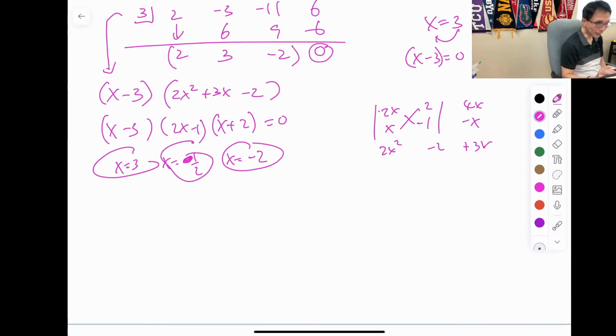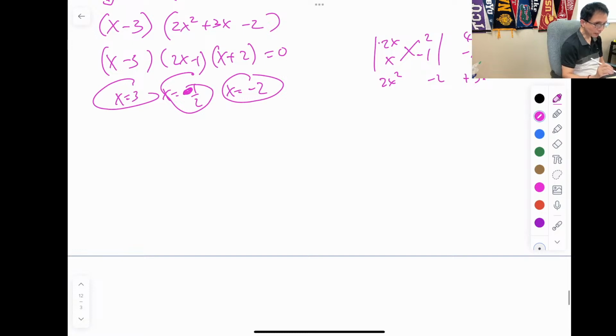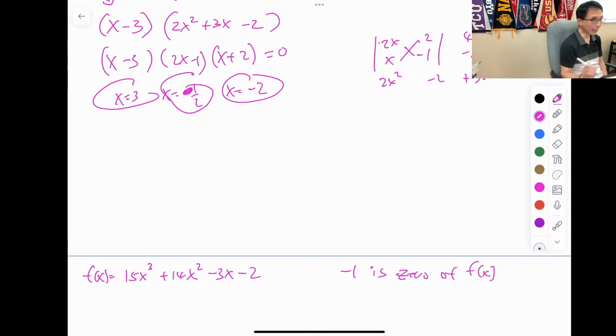I'm going to give you a shot at this before you go. You've got 8 minutes to figure out 15x to the cube plus 14x squared minus 3x minus 2. We told you negative 1 is a 0 of f of x. Can you find all the zeros? This 3 represents how many zeros? 3 zeros, right? But we give you 1. We say negative 1 is one of them.